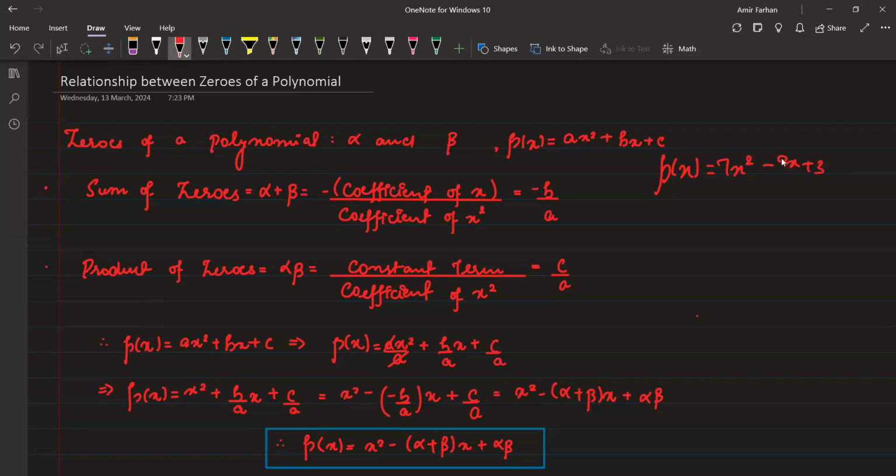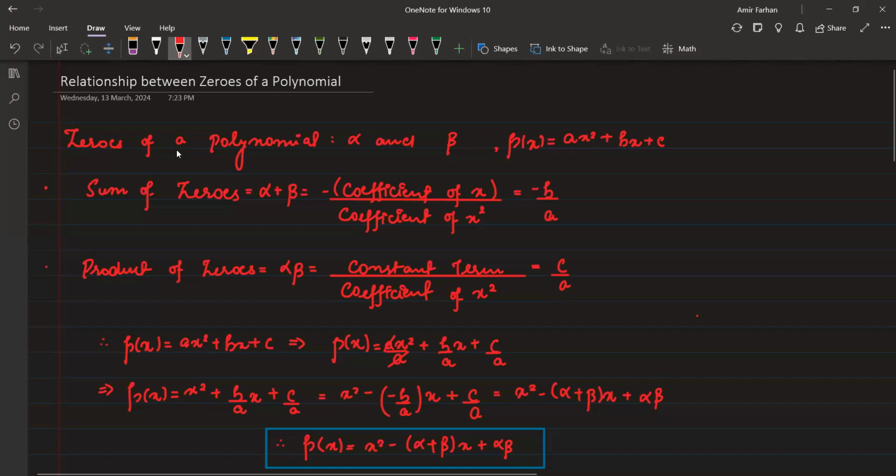You will not take 9, you will take negative 9 because the coefficient of x is minus 9. So you have to consider the negative and positive signs when taking the coefficient. The thing is that you have to consider all the signs present in the expression. Both of you clear, Gianna and Ifra?